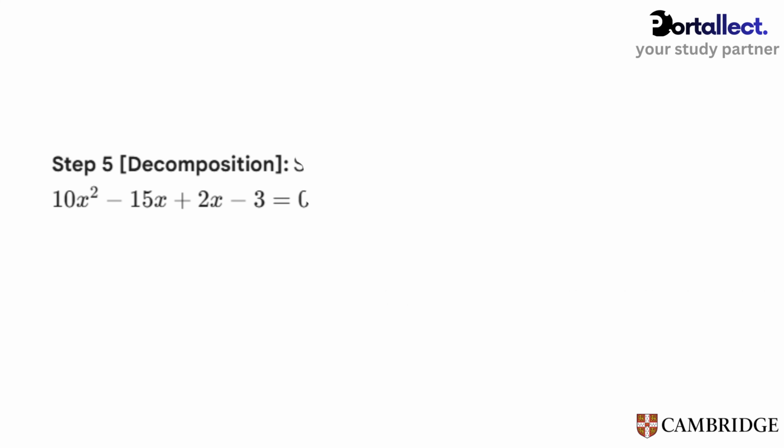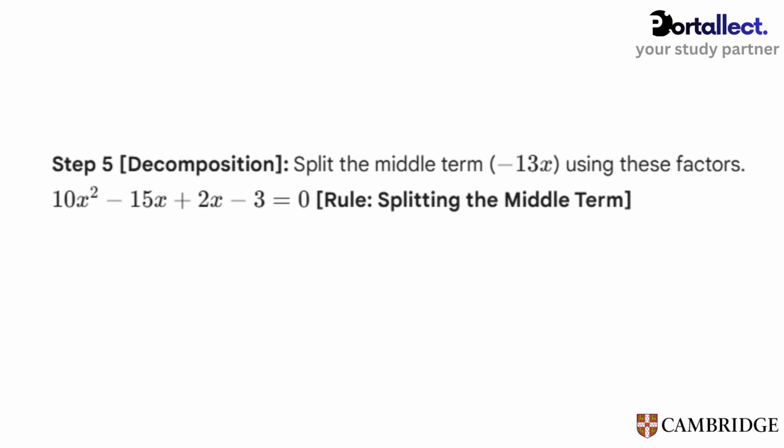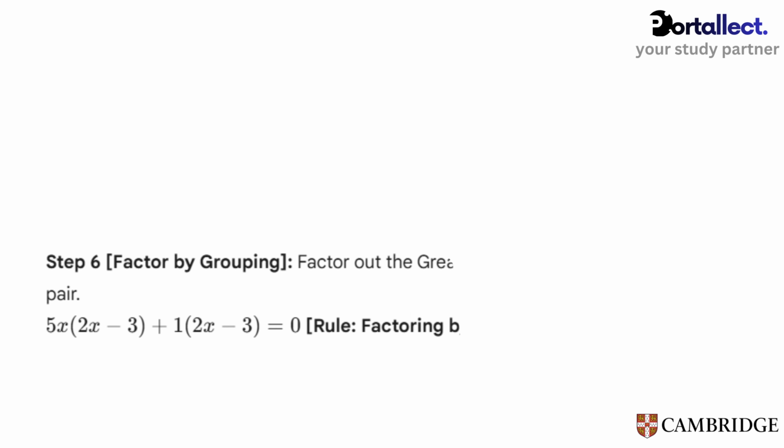We rewrite our equation by splitting the middle term. 10x squared minus 15x plus 2x minus 3 equals 0. Next, we factor by grouping. From the first pair, we factor out 5x, leaving 2x minus 3. From the second pair, we factor out a positive 1, which also leaves 2x minus 3.